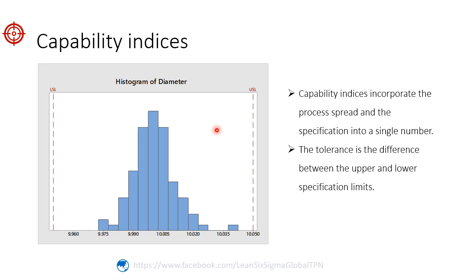In other words, the spread of process data is compared to the width of the specification interval. If a process is able to meet specification, the process spread is smaller than and within the specification spread. The specification spread is sometimes called tolerance.